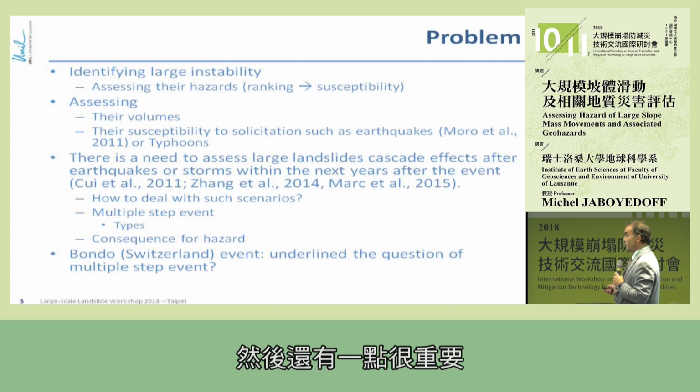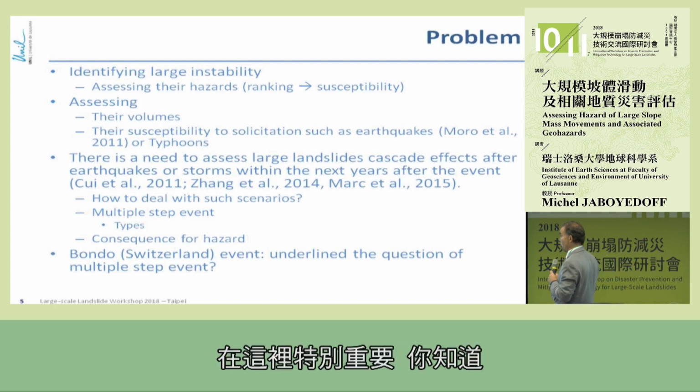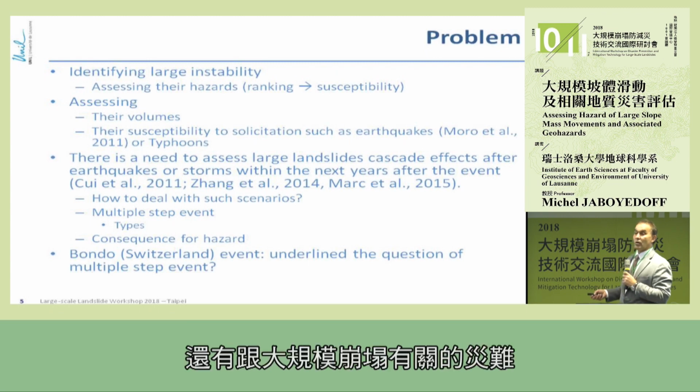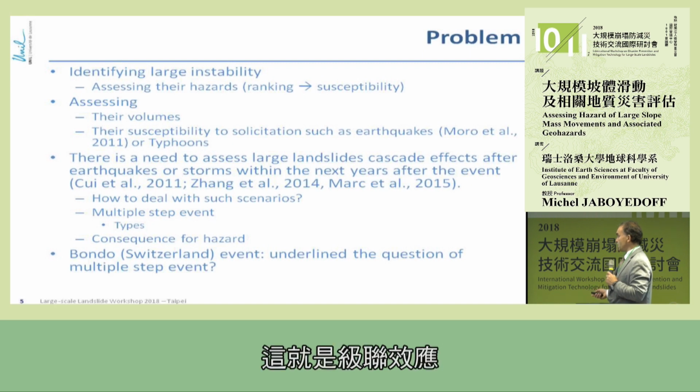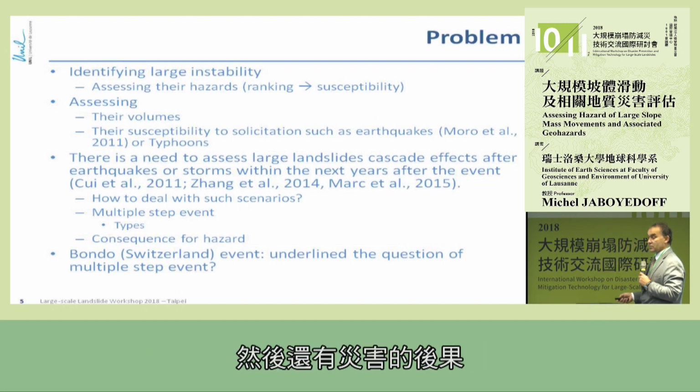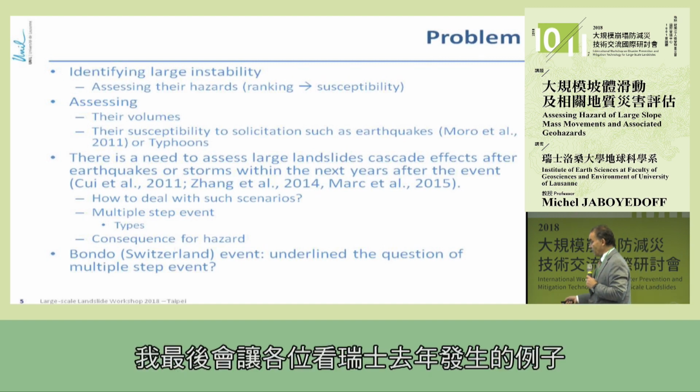And after that, there is one thing which is very important, especially here: after an earthquake like the Chichi earthquake, you have a lot of delivery of sediment, and disasters linked to large landslides, which is the cascade effect. How to deal with such a scenario with a multiple-step event? Then there is a consequence for hazard. At the end, I will try to show you the Bondo example that occurred last year in Switzerland.